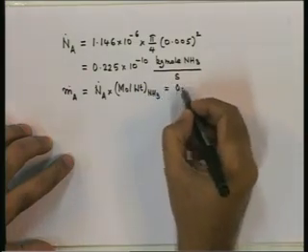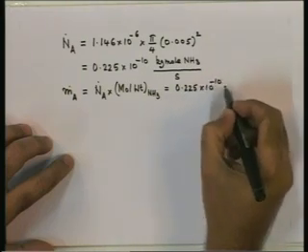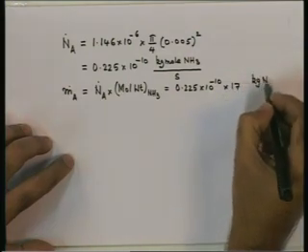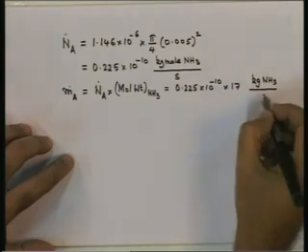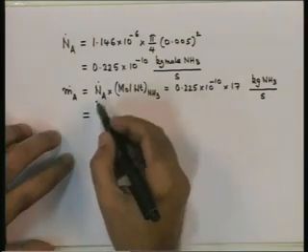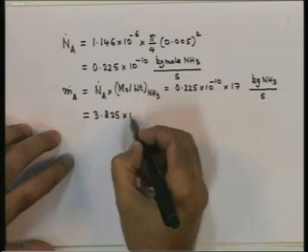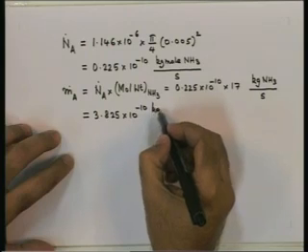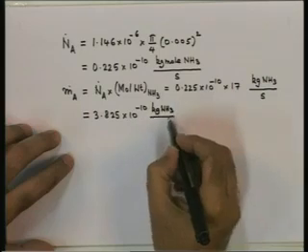So, this will be 0.225 × 10^-10 multiplied by 17. The answer will be in kilogram of ammonia per second, and this answer turns out to be 3.825 × 10^-10 kilogram of ammonia per second.